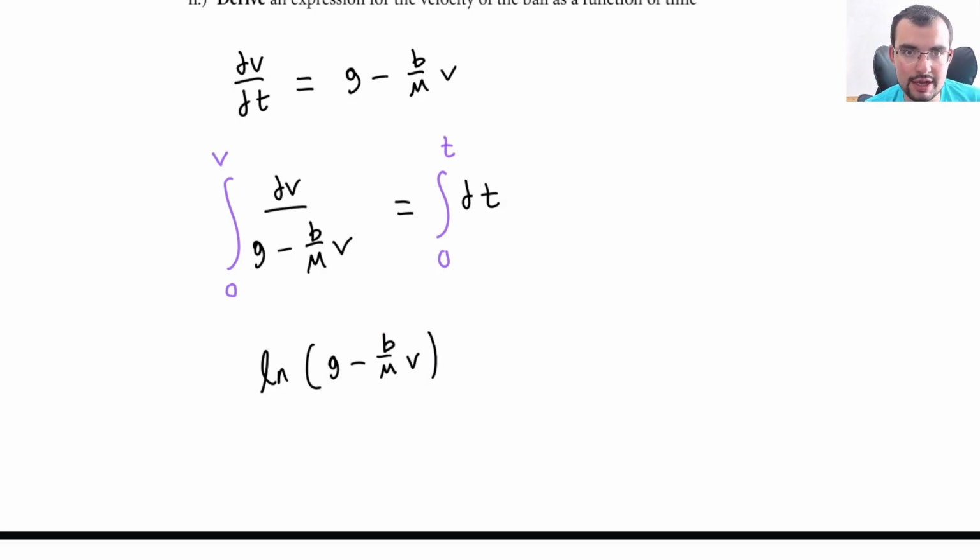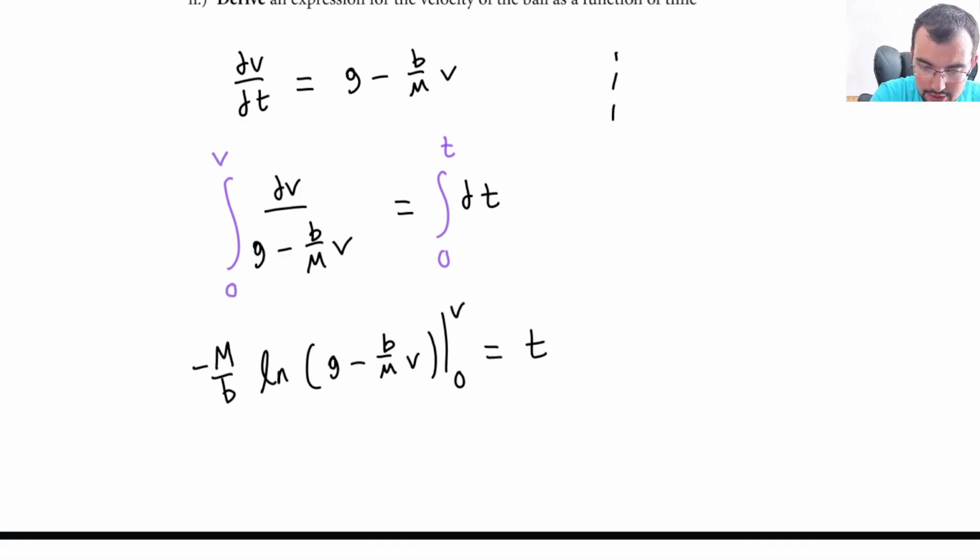Again, I would just say, just look this up at this point. This is not the skill we're assessing. So divide by negative b over m, which makes negative m over b. We evaluate that from 0 to v, and that would just be equal to t.